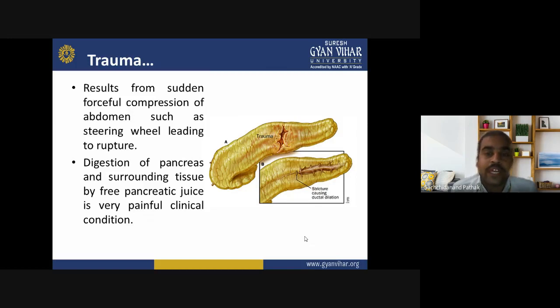Pancreatic juice normally flows through the pancreatic duct. But if there is a rupture in the pancreas, the juice leaks out of the ducts and goes into the pancreatic cells. The pancreatic tissue is then digested, causing more intense pain. That is a clinical condition that needs emergency treatment.